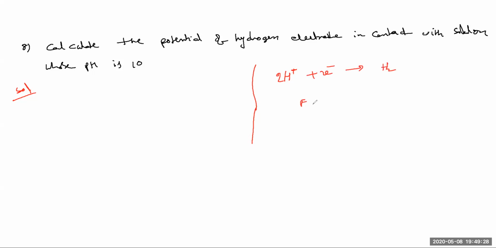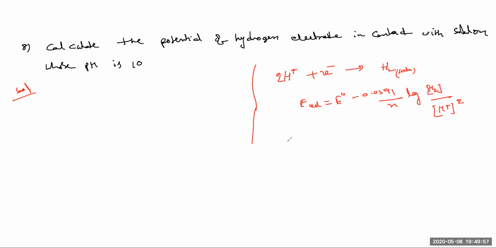Now E cell is equal to E naught of hydrogen minus 0.0591 by n log of product concentration. Here product means H2, here it is 1 atmosphere because it is a pressure, by reactants H plus whole square.